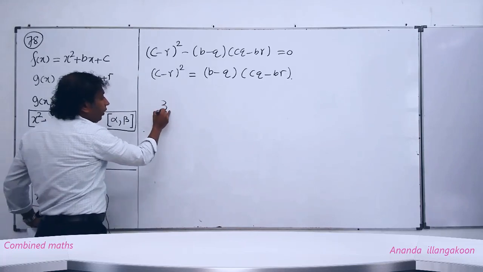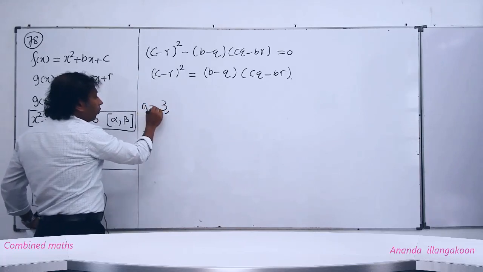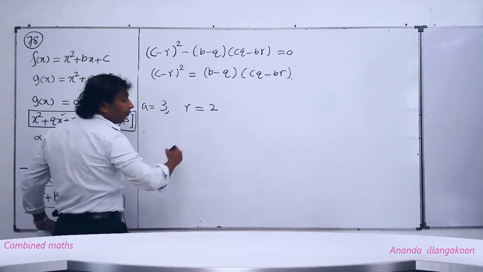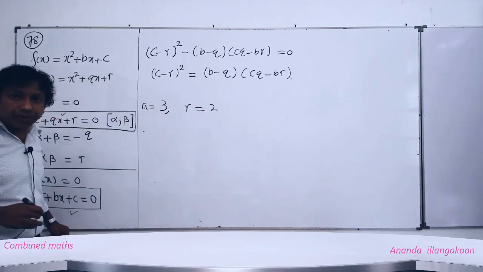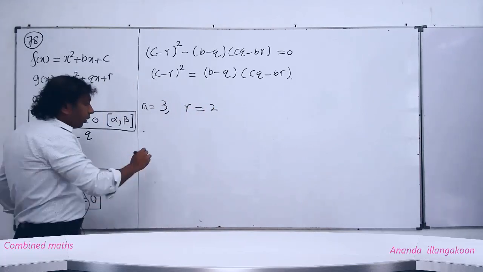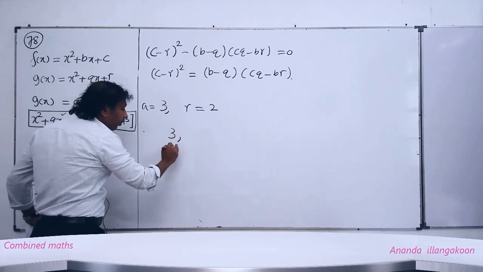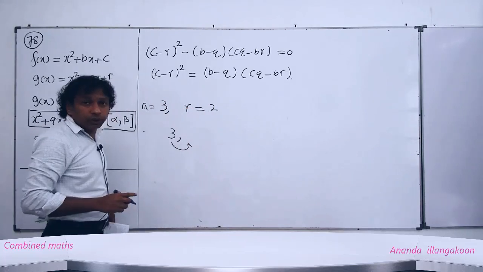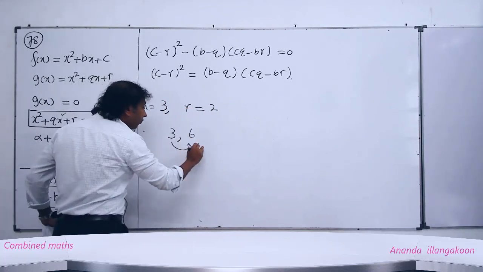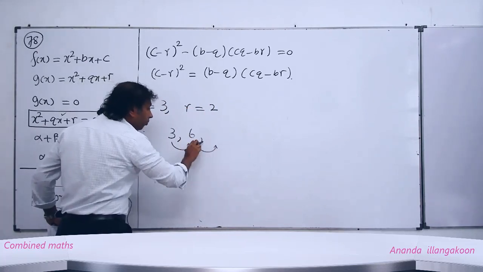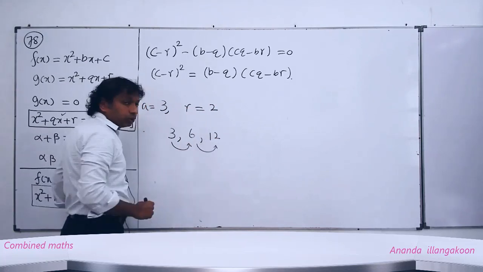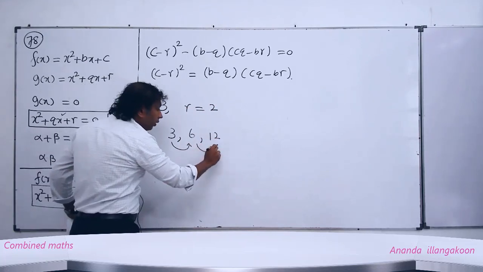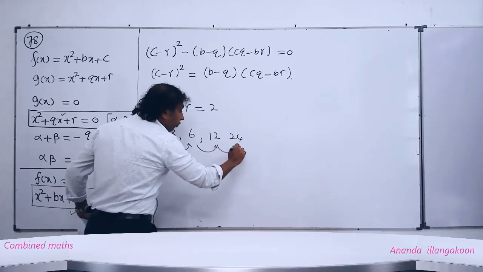First term 3, common ratio 2. When we write a geometric progression, how to write, people? 3 first term. To get the second term, this 3 should be multiplied by the common ratio 2, we get 6. Multiplied again by 2, we get 12. Multiply this by 2, we get the next one 24, next one 48.